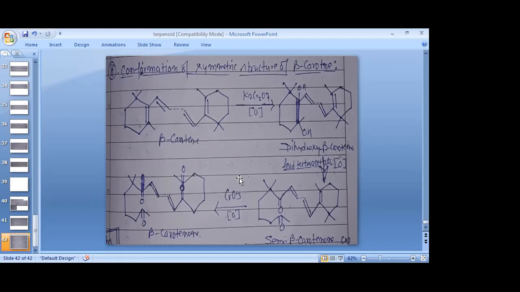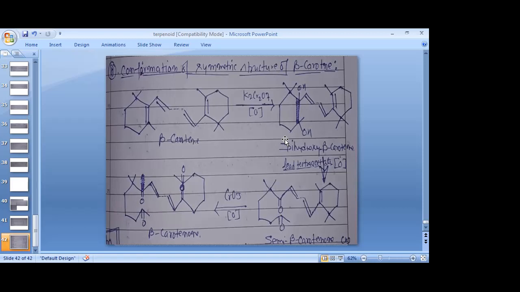And once again, if you oxidize that with a strong oxidizing agent like chromium trioxide, they convert into beta carotenone. Semi, because only one cyclohexene participates. And if both parts oxidize, then this is called beta carotenone, right?